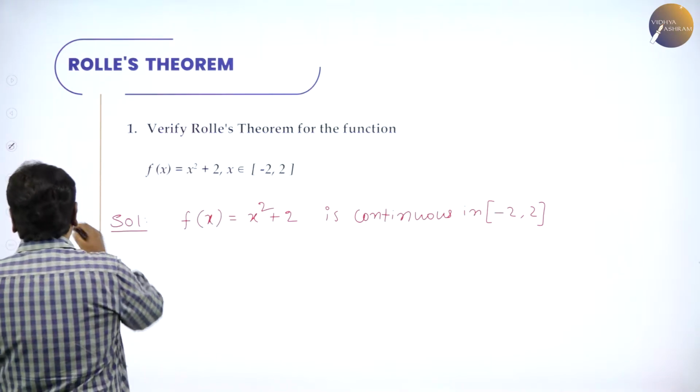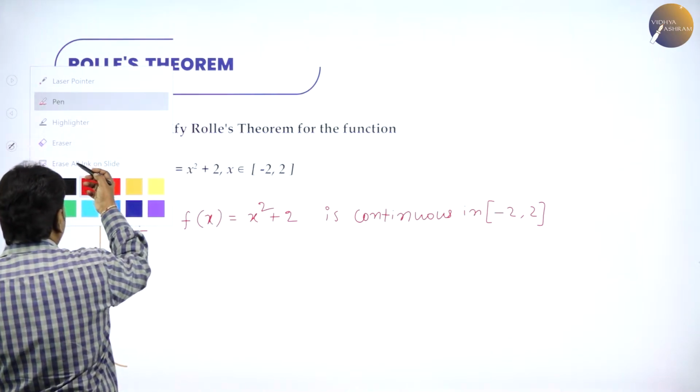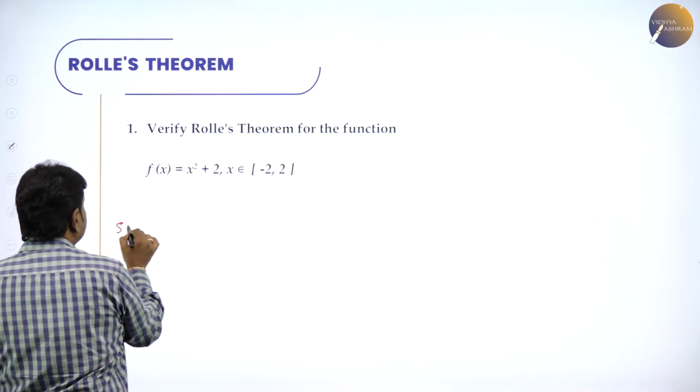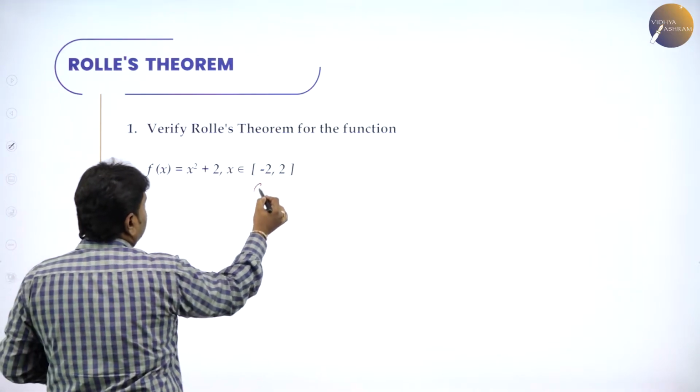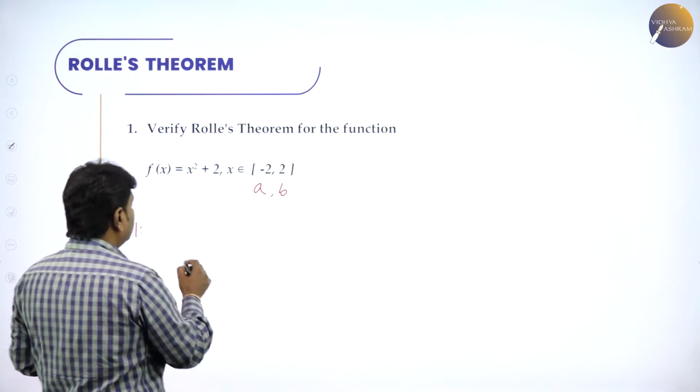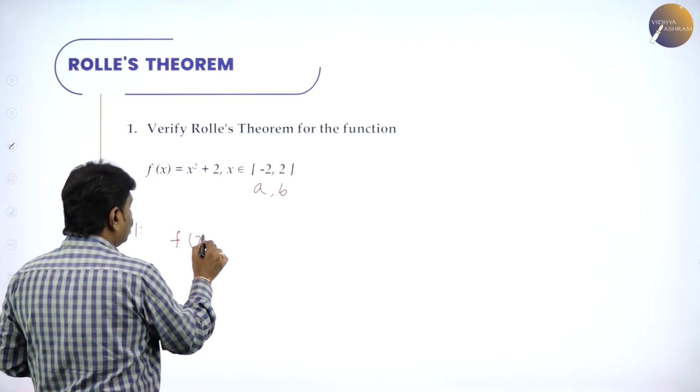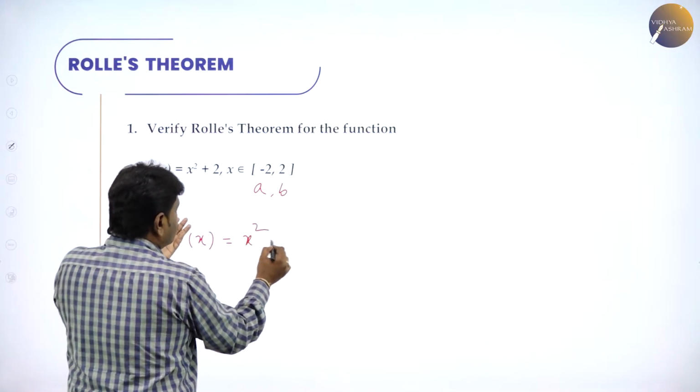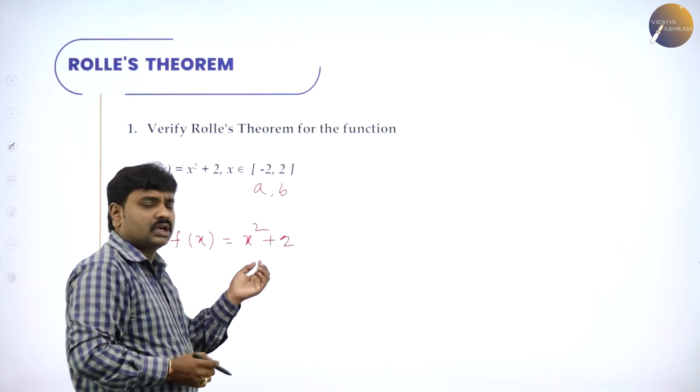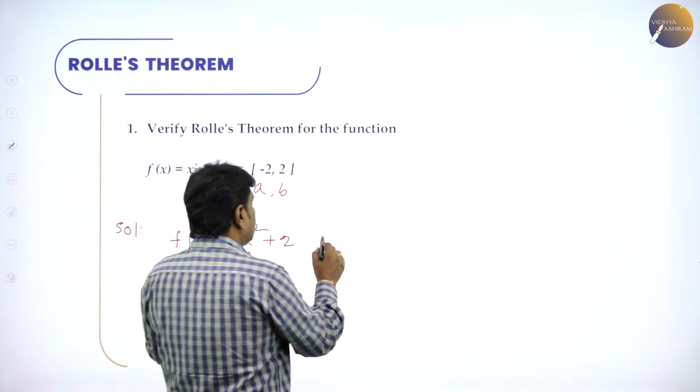So the solution starts like this. We call the lower limit a and the upper limit b, and f of x is equal to whatever is given, x square plus 2. Just now I told you it is continuous. Why is it continuous?